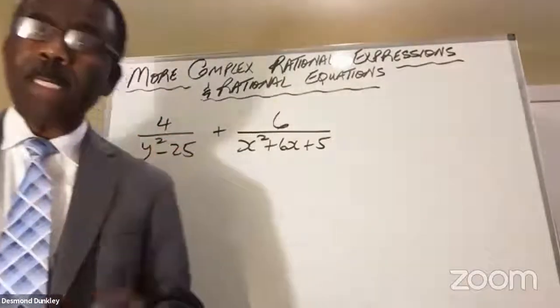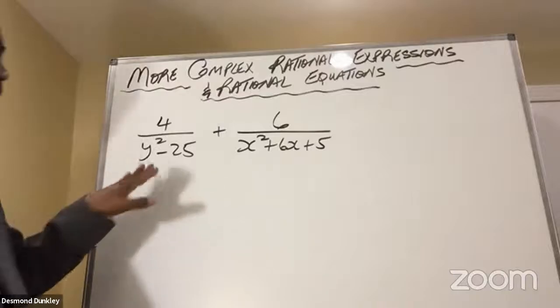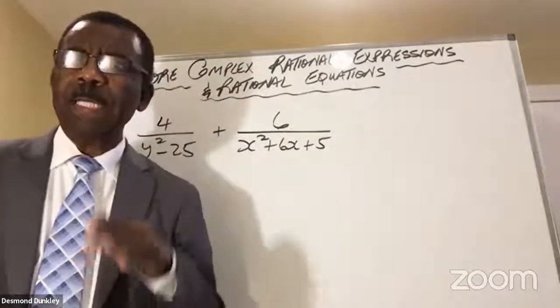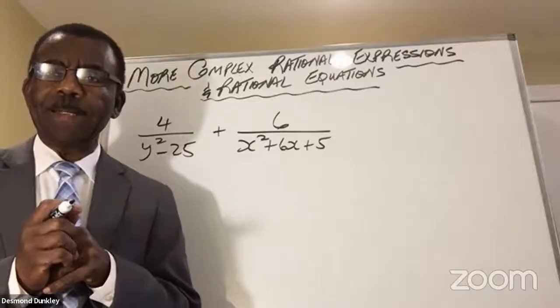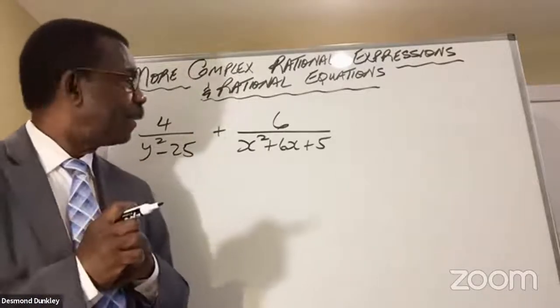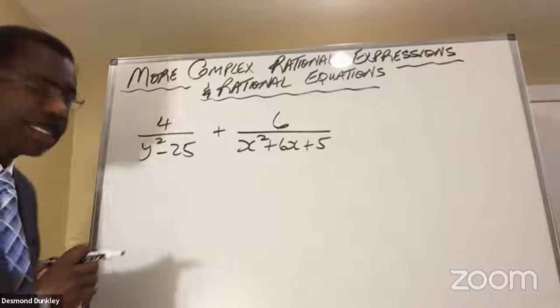So we have two different denominators, and they don't look like they resemble each other at all. So how do we proceed? Well, we go step by step.